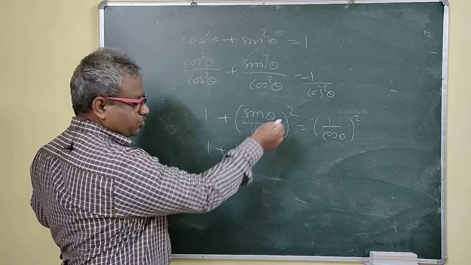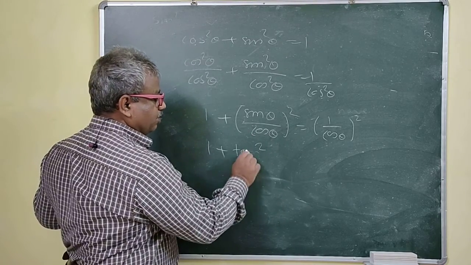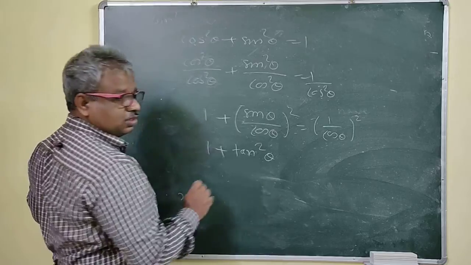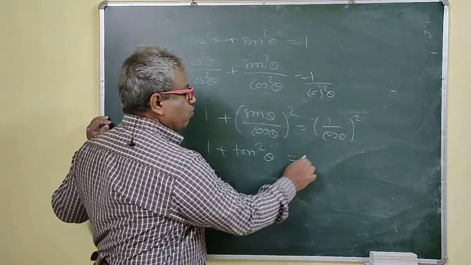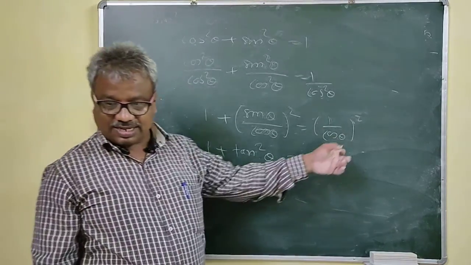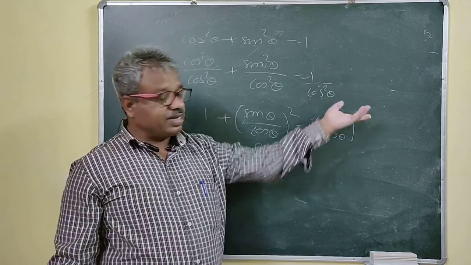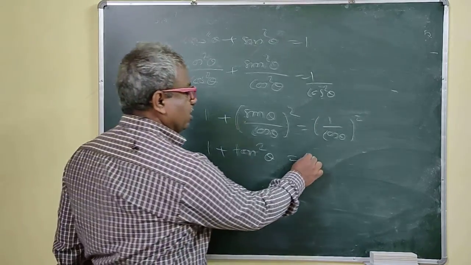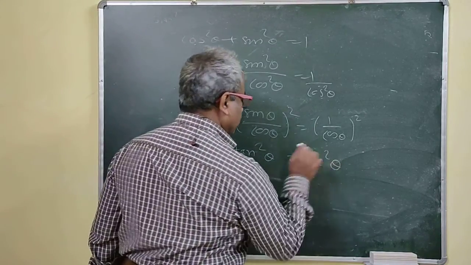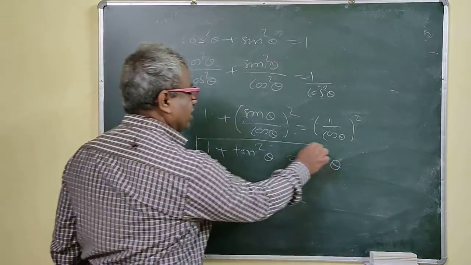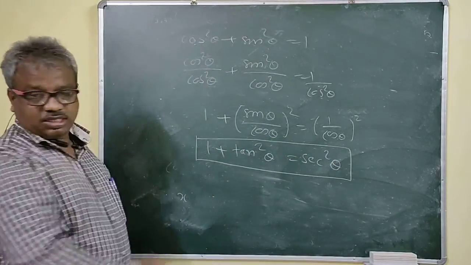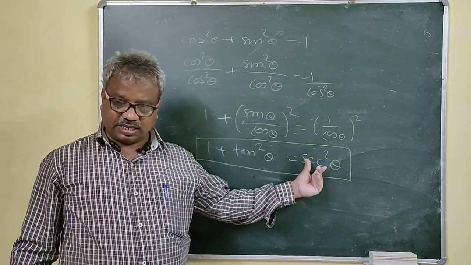So 1 plus tan square theta, and 1 upon cos theta means sec theta, and we take the square of that. So we get sec square theta. Again, this is a fundamental identity, and this is the relation between tan theta and sec theta.